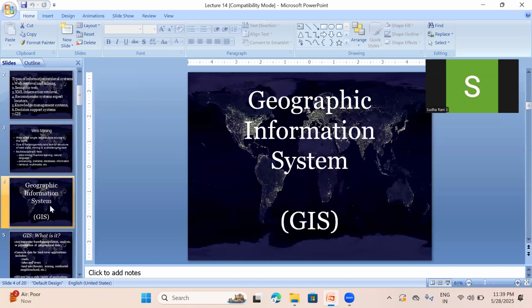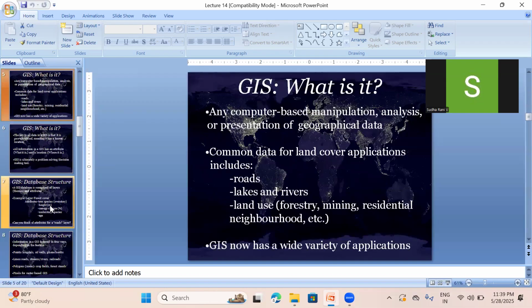GIS stands for Geographic Information System. GIS is any computer-based manipulation, analysis, or presentation of geographical data. Common data for land cover applications includes roads, lakes and rivers, and land use like forestry, mining, residential, etc. GIS now has a wide variety of applications.